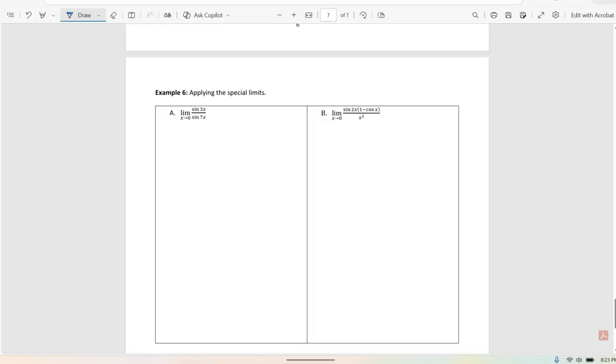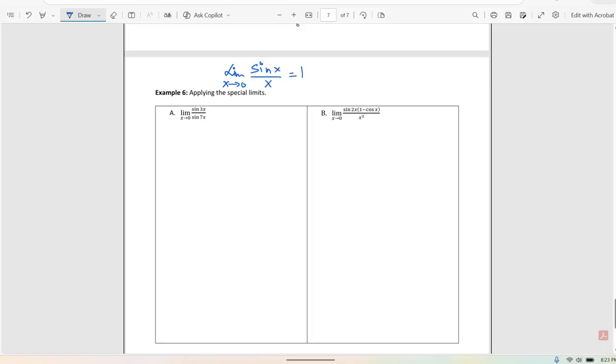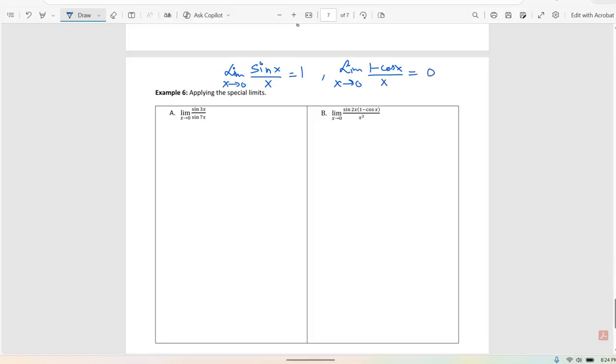I want to remind you that I just taught you a formula that the limit of sine x by x as x approaches 0 is 1, and the limit of 1 minus cosine x by x as x approaches 0 is 0. We are going to use these, okay?